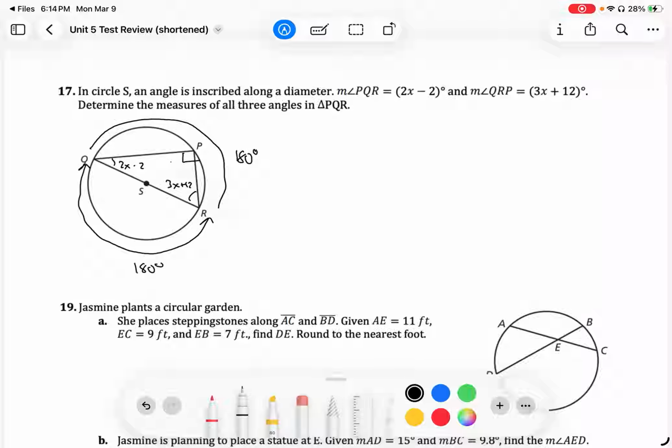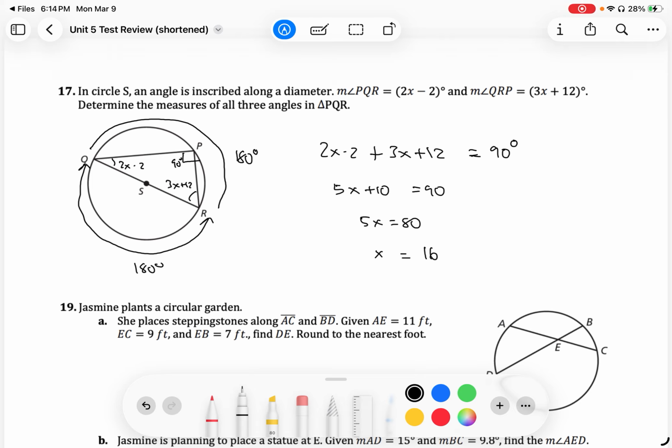So since this is 90 degrees, I know that 2x minus 2 and 3x plus 12 are going to have to add to 90 degrees because all three of them have to add to 180. So if I subtract off the 90, I get 90. So that means 5x plus 10 is equal to 90. 5x equals 80. x equals 16. Okay, my iPad is lagging a bit.